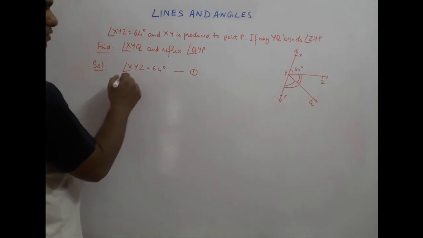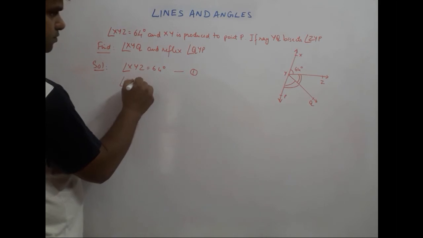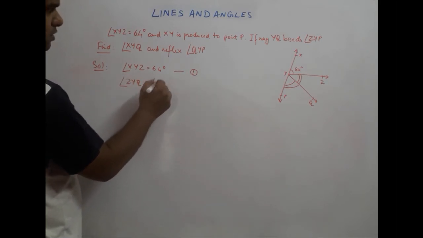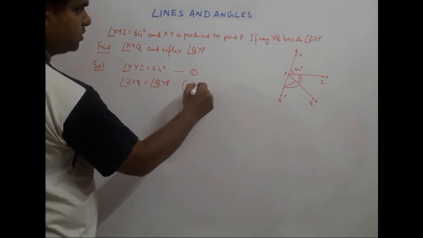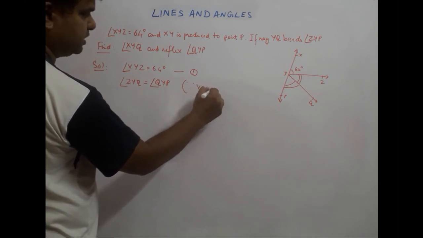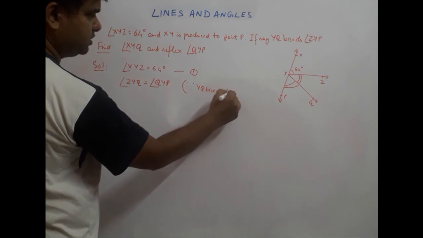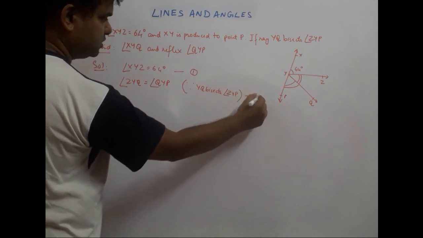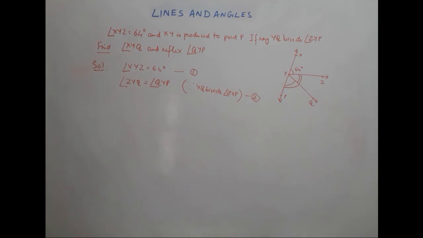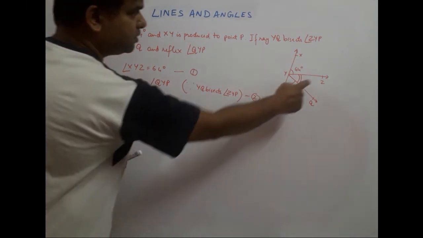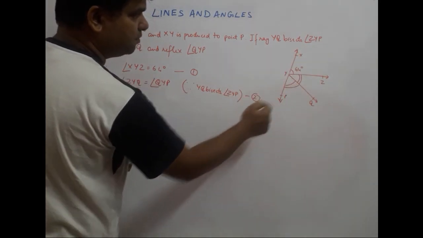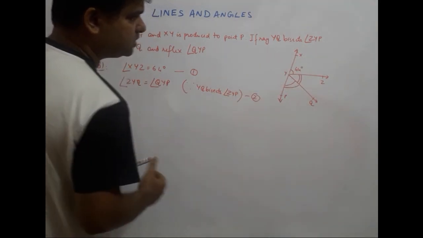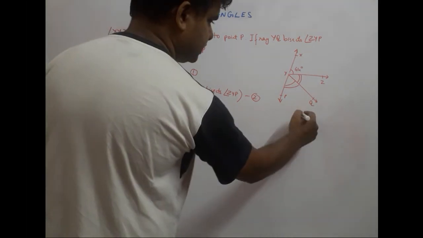So we can write angle ZYQ is equal to angle QYP, since YQ bisects angle ZYP. Mark this as 2. Next, we can see that ray YZ stands on the line YP, so we can take 2 angles as linear angles.